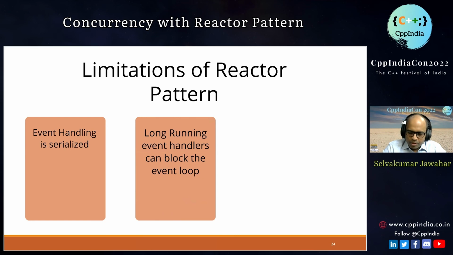Till that event handler has completed the task, the reactor cannot call the next event handler because it is processing the events one by one. So it will block the event loop, and you will start seeing problems.